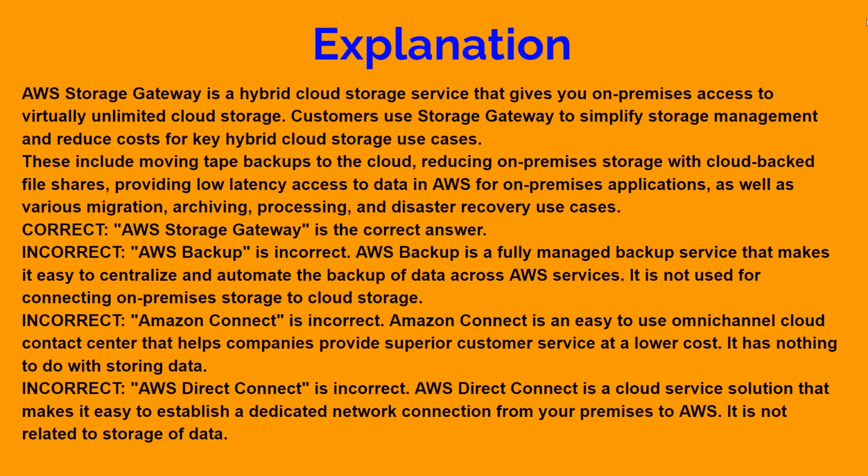Amazon Connect is an easy-to-use omni-channel cloud contact center that helps companies provide superior customer service at a lower cost. It has nothing to do with storing data. Incorrect. AWS Direct Connect is incorrect. AWS Direct Connect is a cloud service solution that makes it easy to establish a dedicated network connection from your premises to AWS. It is not related to storage of data.